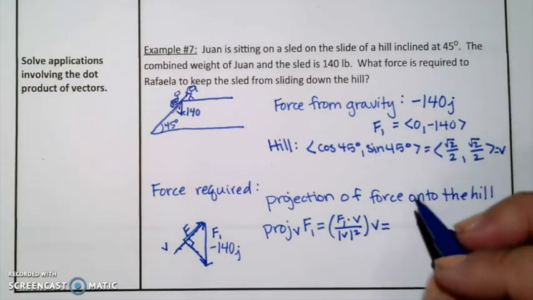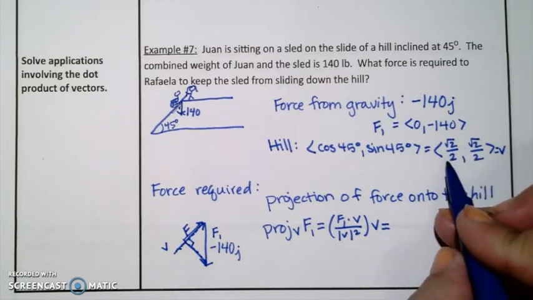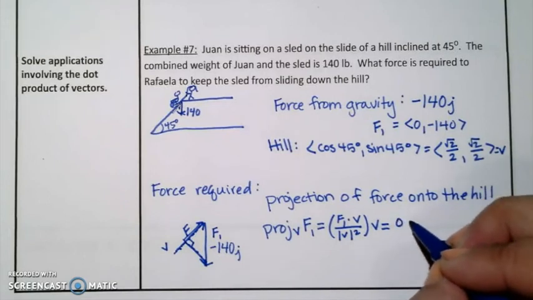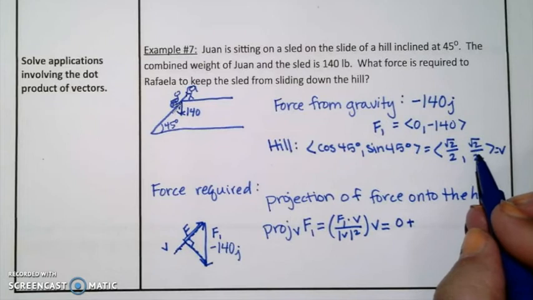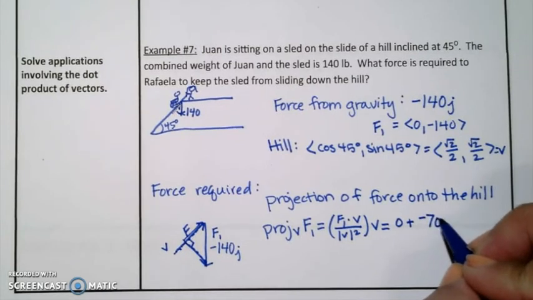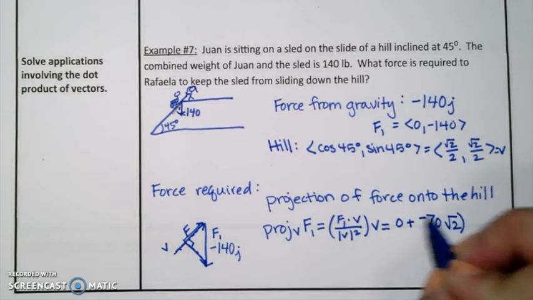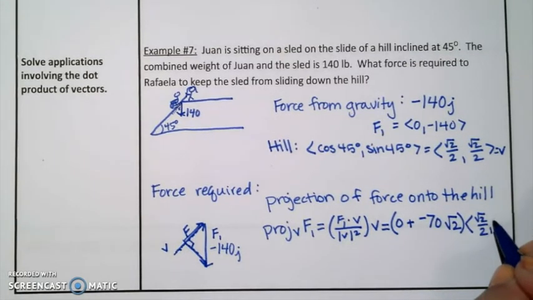So 0 times the square root of 2 divided by 2 is going to be 0. 0 plus negative 140 times the square root of 2 divided by 2 is going to be negative 70 times the square root of 2, times our vector square root of 2 over 2, comma, square root of 2 over 2.